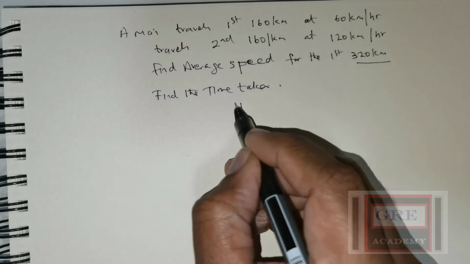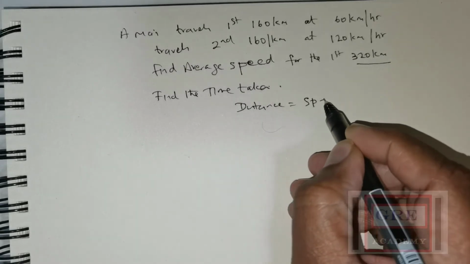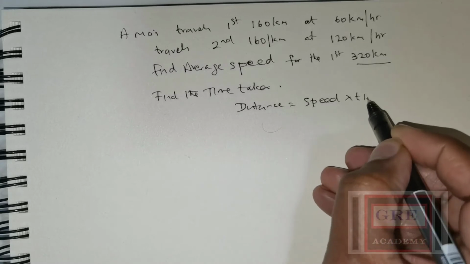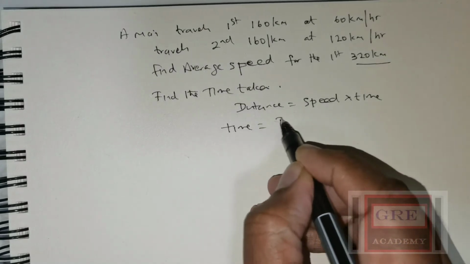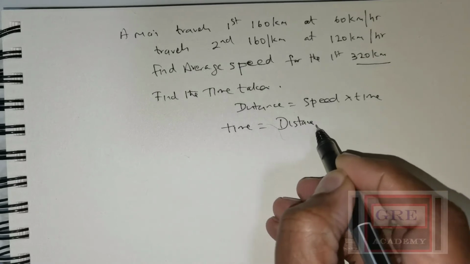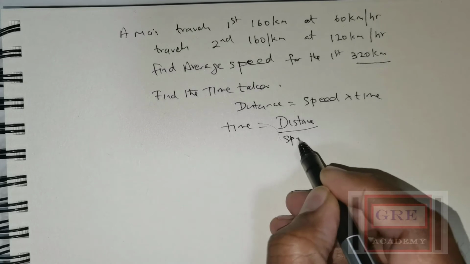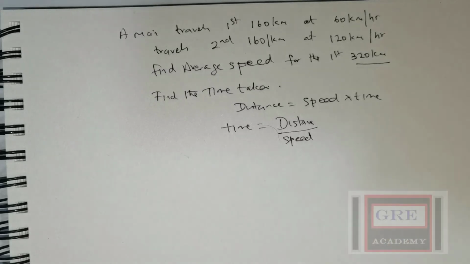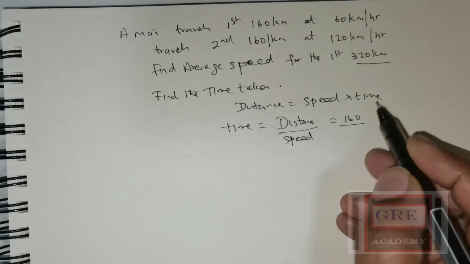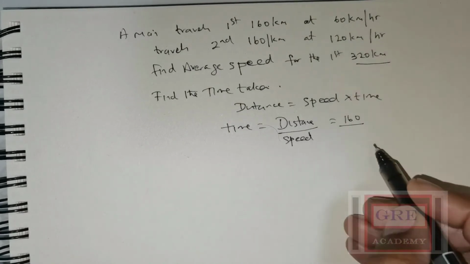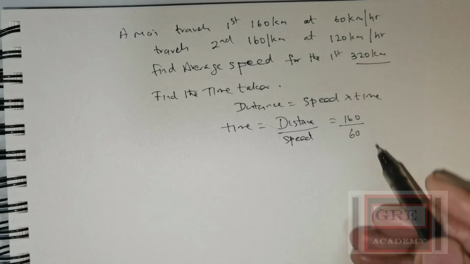Now we know that distance is equal to speed into time, and time is distance over speed. For the first 160 kilometers, the speed is 60 kilometers per hour.